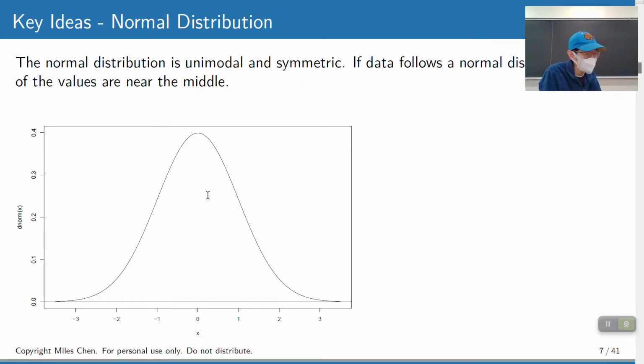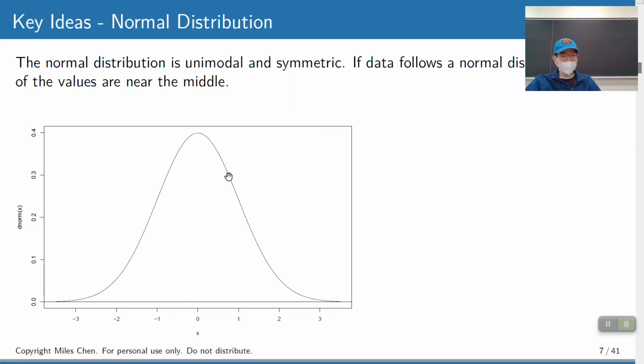Probably another topic you covered in your intro stats class is the normal distribution. The normal distribution is a continuous, unimodal, and symmetric distribution. And all this means is values near the middle have the highest probability. Our peak is at the center here.